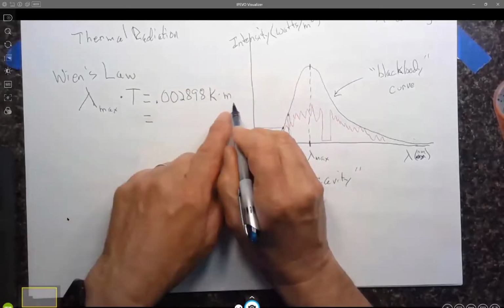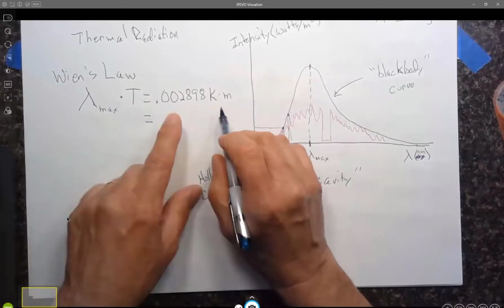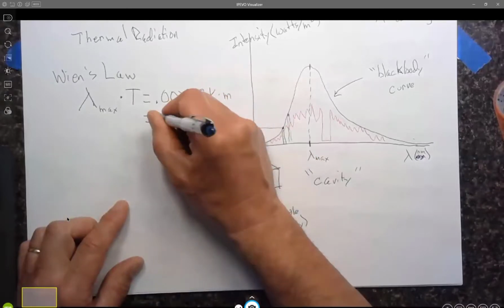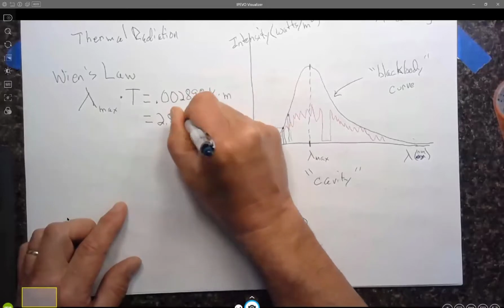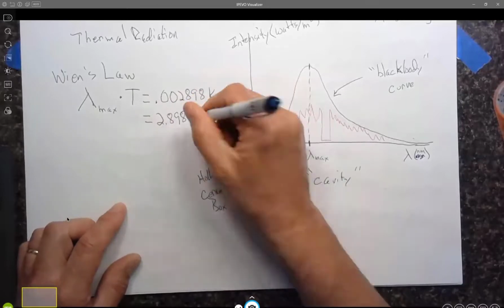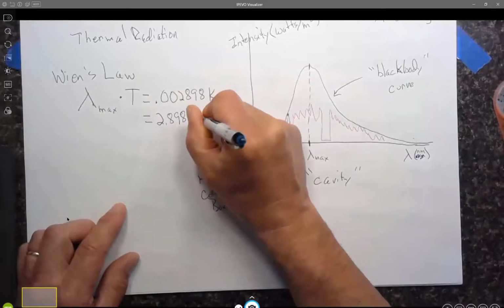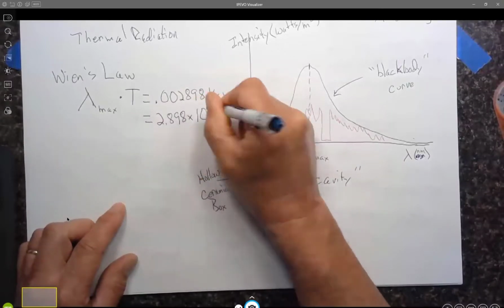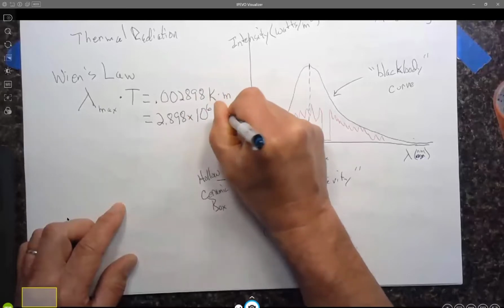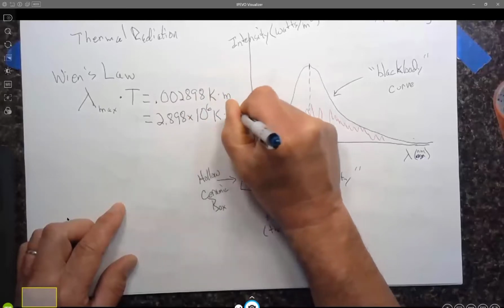Now I can write this another way. I can write it in terms of nanometers, which we may actually use more, and it will look like this: 2.898, in scientific notation, times 10 to the 6th kelvin-nanometers.